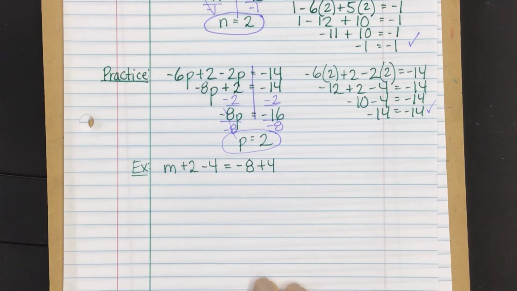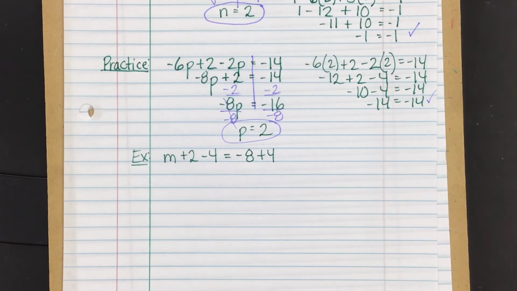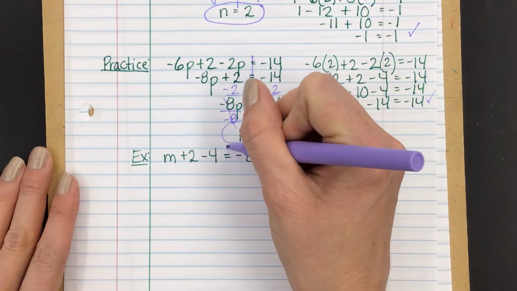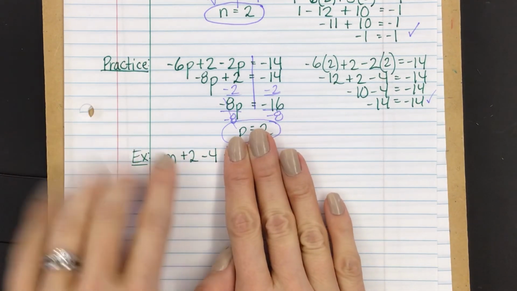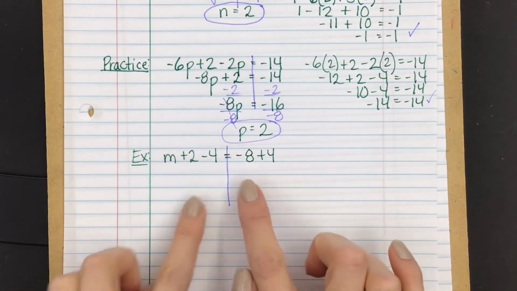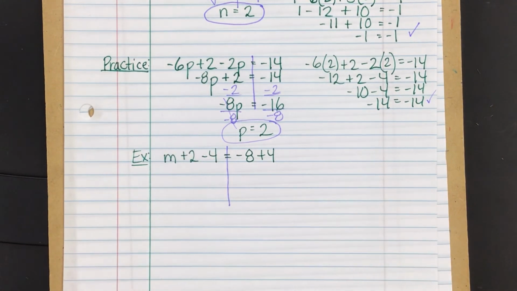So our goal is to simplify both sides as much as possible by combining like terms before we solve it. So basically, you're just simplifying expressions. So this over here is an expression, this over here is an expression. Simplify them both, and then you can deal with solving it, okay?